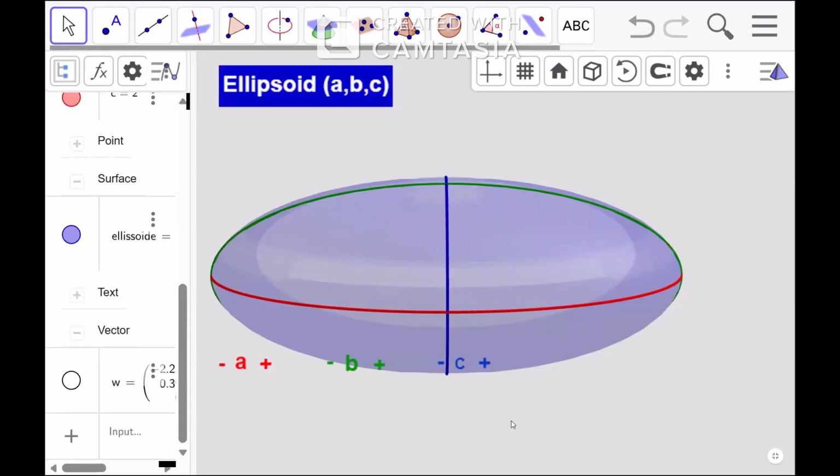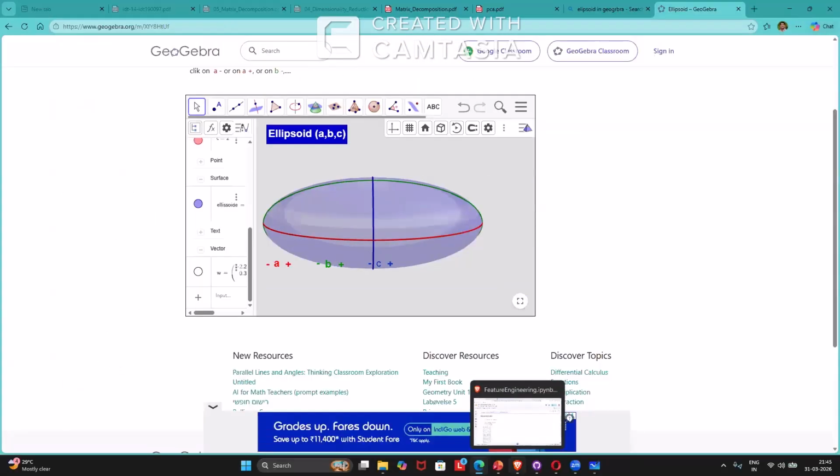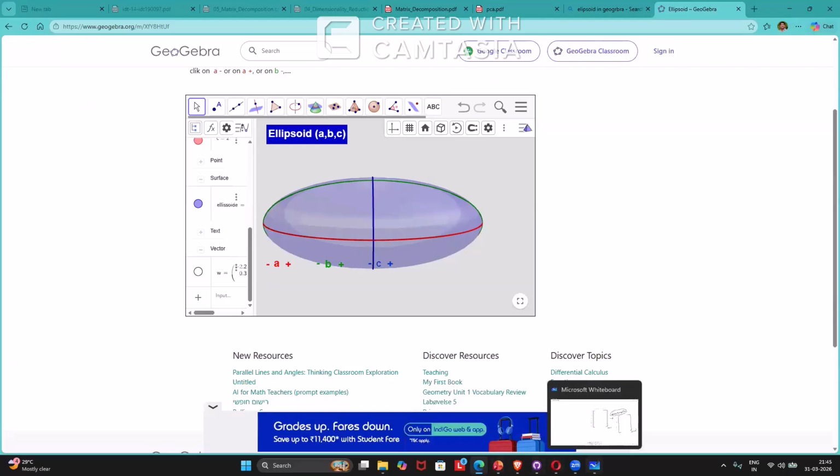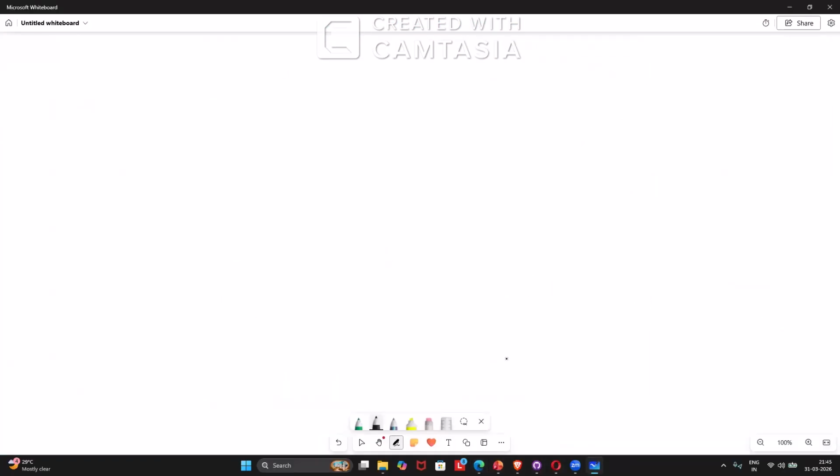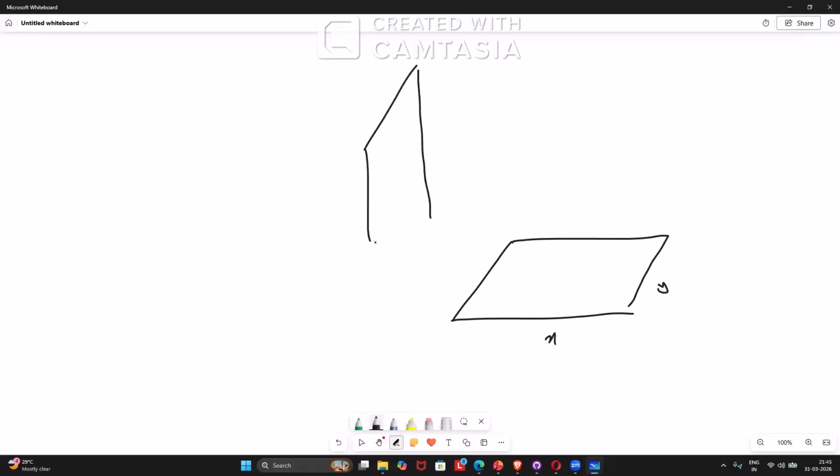For a three-dimensional space, there may be an xy projection, and you can also project over here on a plane like this, and over here too.